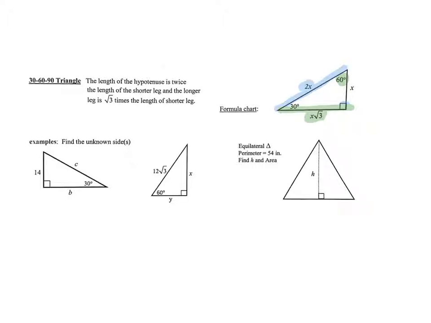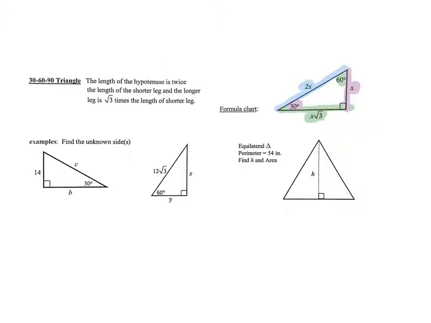This is all based off what's across from the 30-degree angle, the short leg, and it's always your x. That's your foundation. So once you know your x, you can figure everything else out relatively quickly.